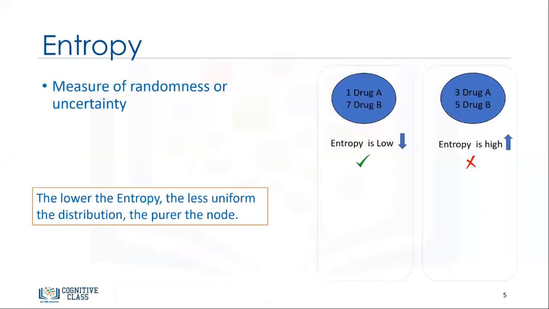So, what is entropy? Entropy is the amount of information disorder, or the amount of randomness in the data. The entropy in the node depends on how much random data is in that node and is calculated for each node. In decision trees, we're looking for trees that have the smallest entropy in their nodes.